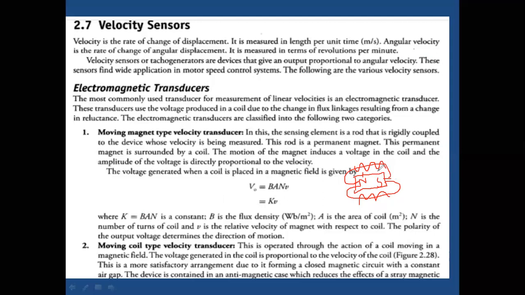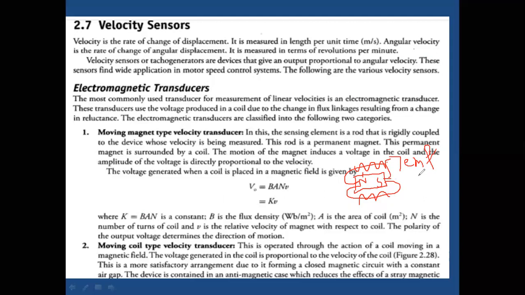By the same principle, when we displace the permanent magnet, the coil cuts the magnetic flux, and EMF is induced. This EMF is measured by a voltmeter, and then it is converted into digital.